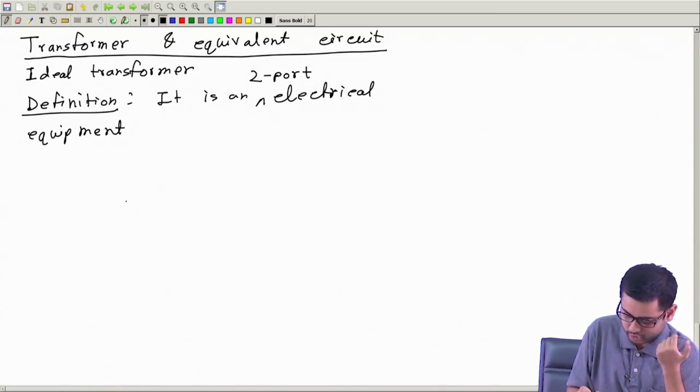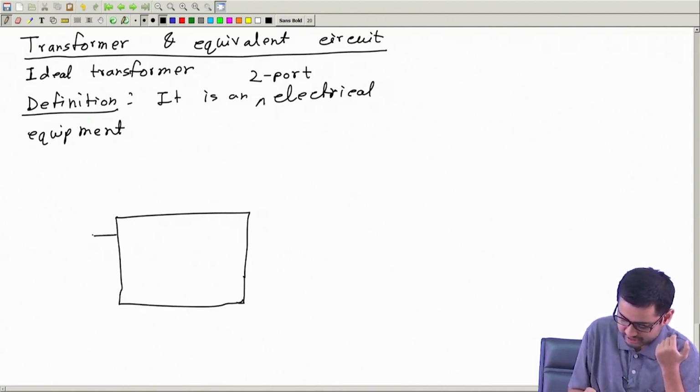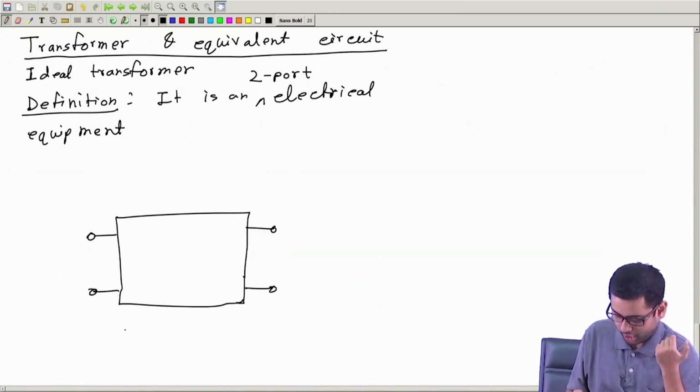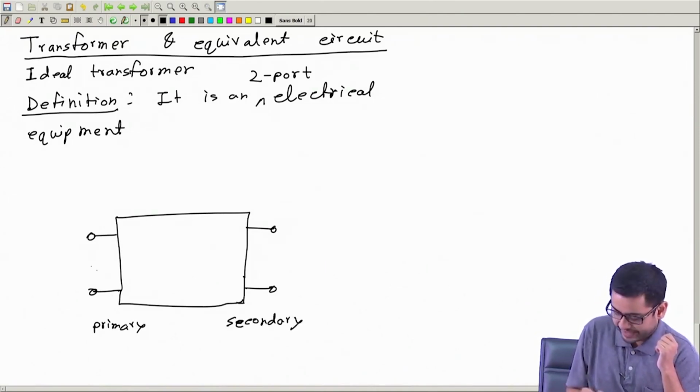Like this, we draw an equipment like a black box which has two ports, 1 and 2. That means it has two sets of terminals. You can call them primary and secondary side. So we can apply some voltage across this or this.